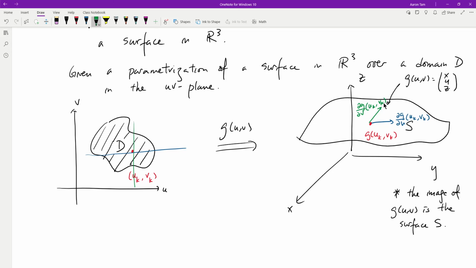So now imagine the following. I simply move this point slightly this way and slightly this way.